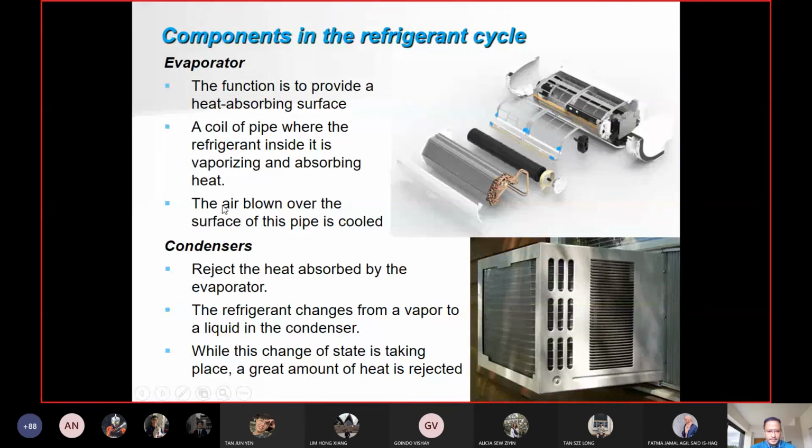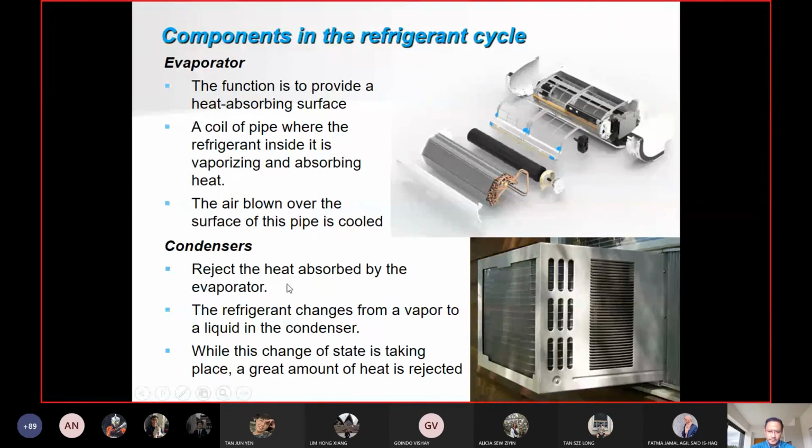Then the second one is the condenser. The condenser is located in the outdoor unit. As you know, I believe all of you have aircon in your house, so you know that you have the indoor unit and the outdoor unit. The condenser is located on the outdoor unit. The purpose of the condenser is to reject heat absorbed by the evaporator.